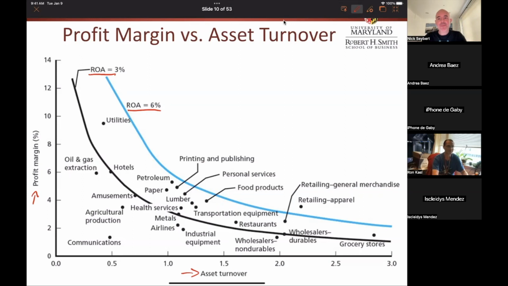And we have a bunch of different industries plotted with the dots. If you multiply asset turnover and profit margin together, you end up somewhere on this chart. If you're on the blue curve, you've got 6% ROA. If you're on the black curve, you have 3%. And obviously, if you're in between, you're in between.